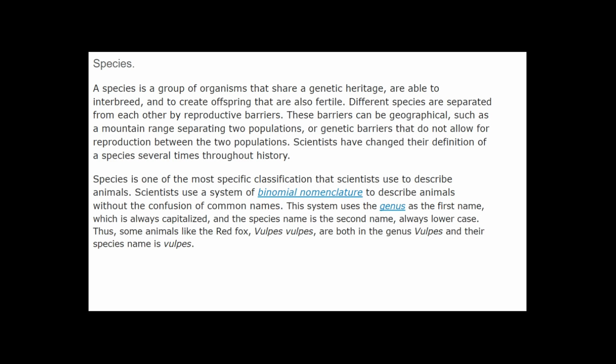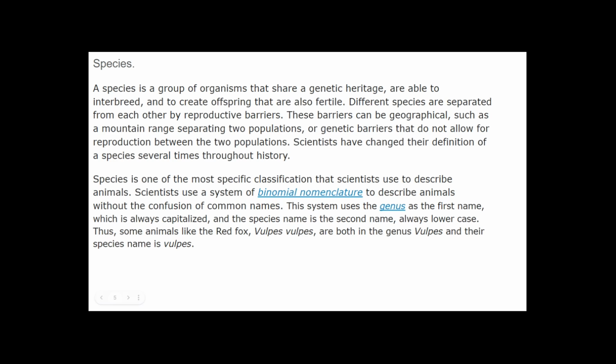And sometimes the name used in one area for a certain animal might be used in a different place for a different animal or plant. The system uses genus as a first name, which is always capitalized, and the species name is a second name, which is always lowercase. That's important.